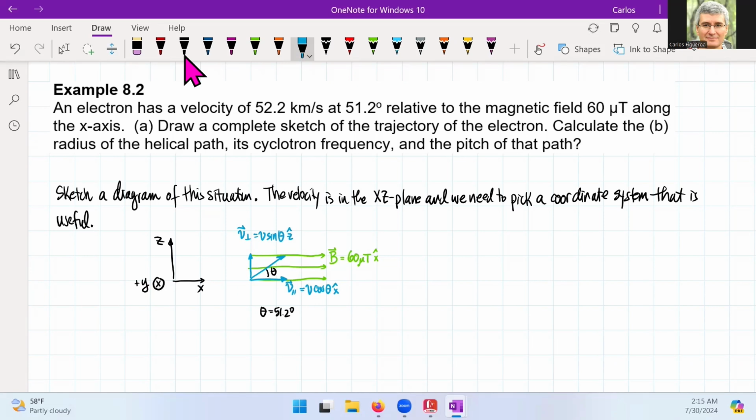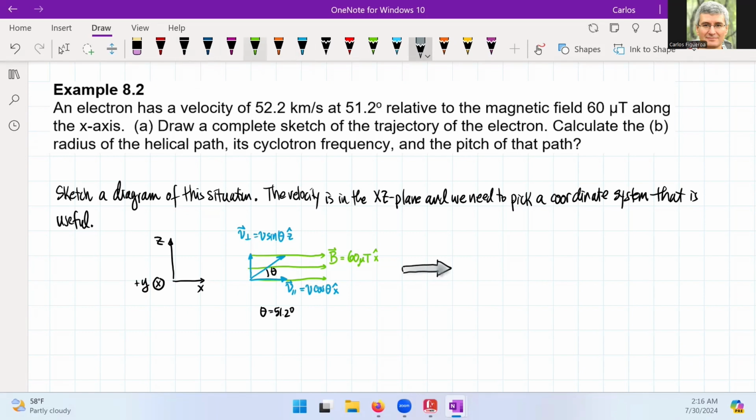So what do I expect to happen? I need to look at the right-hand rule. From this picture, I want to try to draw this nice and clean. What am I seeing? The only thing that's going to cause circular motion is the perpendicular component.